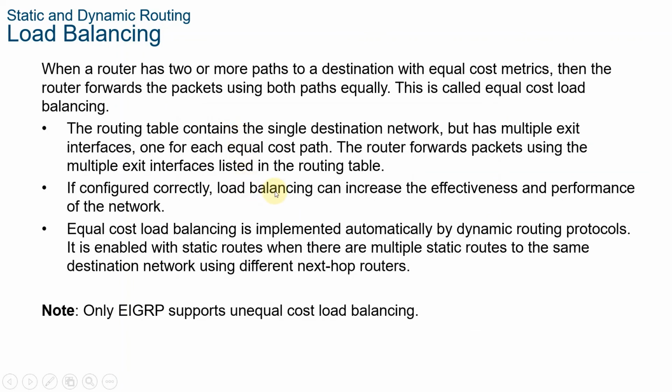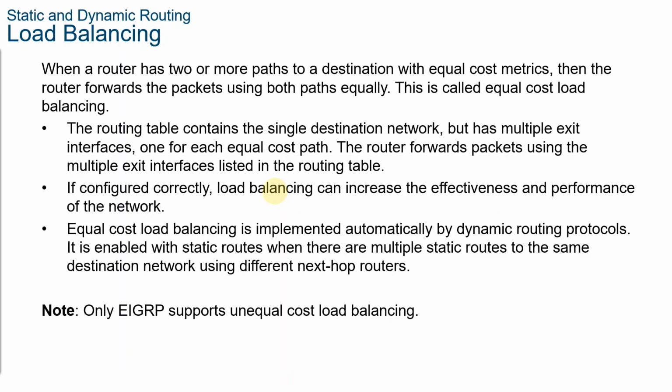Next is load balancing. What is load balancing? What happens if a routing table has two or more paths with identical metrics to the same destination network? When a router has two or more paths to a destination with equal cost metrics, the router forwards the packet using both paths equally.